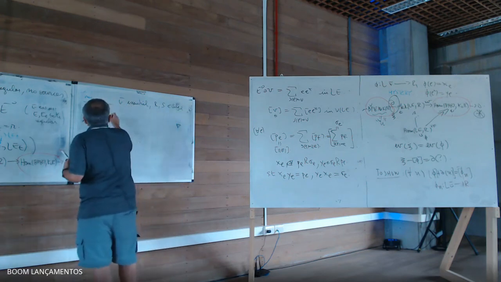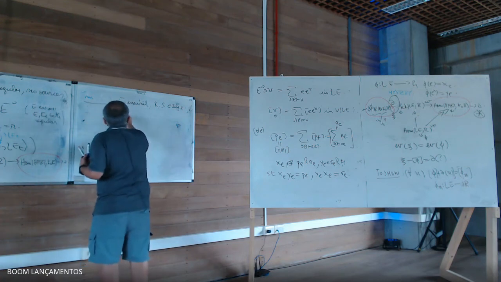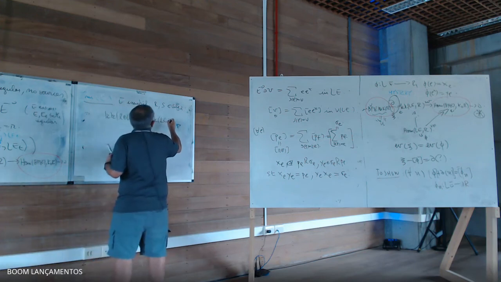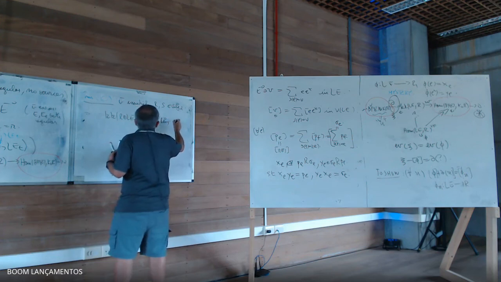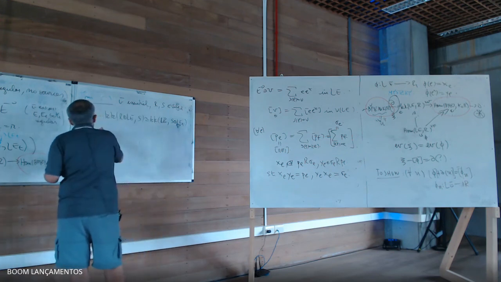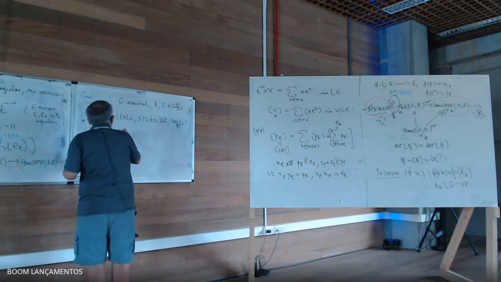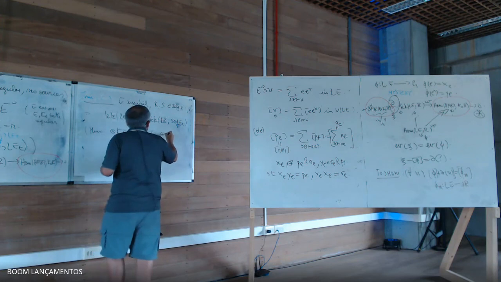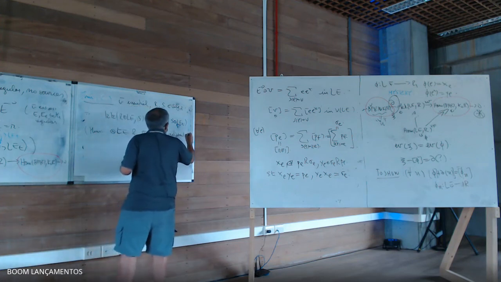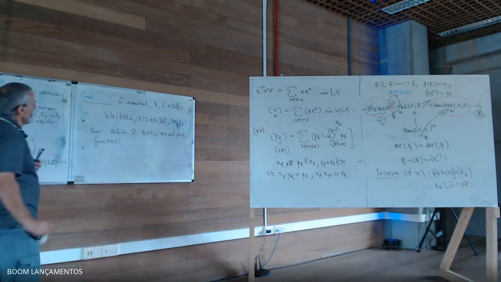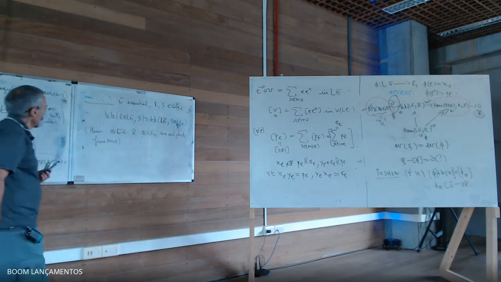Then there is a natural isomorphism, R tensor LE and tensor LET are adjoint functors.